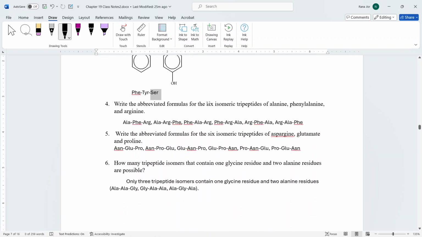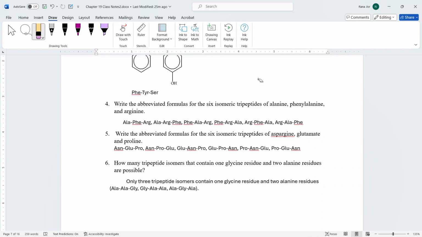Whenever I ask you about the different isomers, check the connectivity. So here I'm working with a tripeptide. Tripeptide means that I have three amino acids that are connected together. And always with tripeptides, the number of isomers is going to be 6, meaning that I would have 6 different combinations.